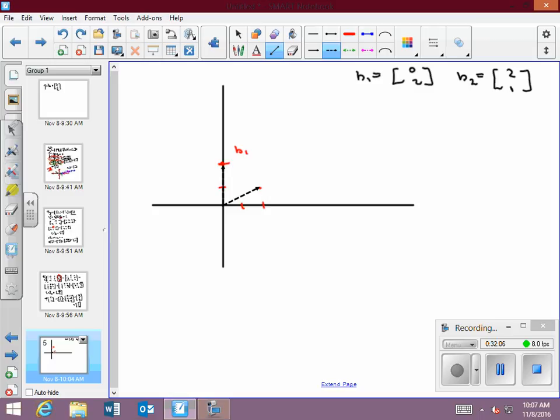So if we, this is supposed to be the extension of the B2. And the extension of B1 is kind of straight up and down.